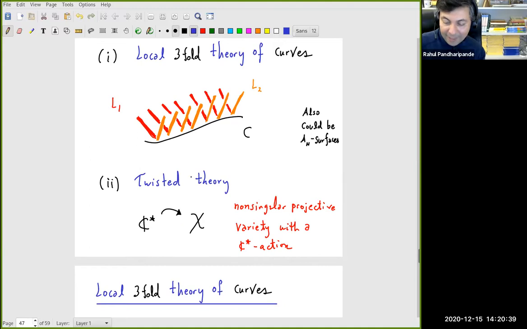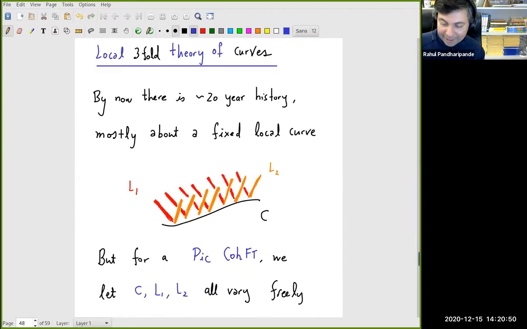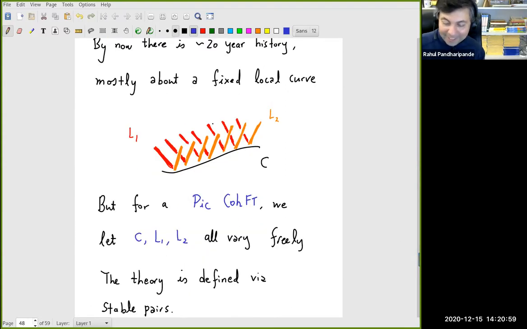This one I haven't thought so much about, but it's closer to Gromov-Witten theory and also quasi-maps. So the local theory of curves, what is this? It has a 20-year history, and several people in the audience witnessed all 20 of those years. We have a curve with two line bundles.